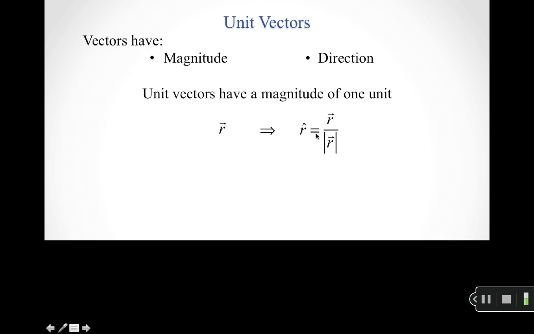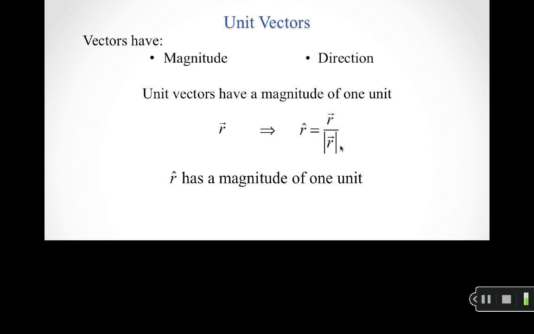So r hat here is the unit vector that I can build from vector r. The way that I build that is I take vector r and divide it by its own magnitude. So I get the unit vector r hat by taking vector r and dividing it by the magnitude of vector r.